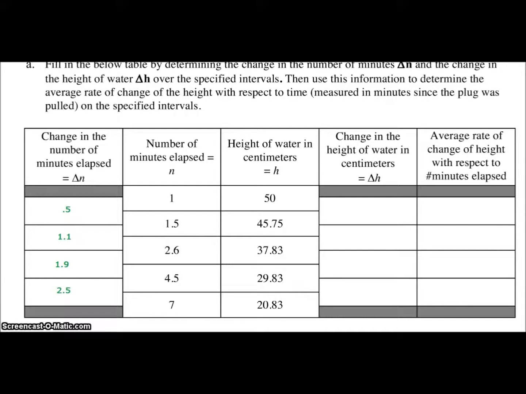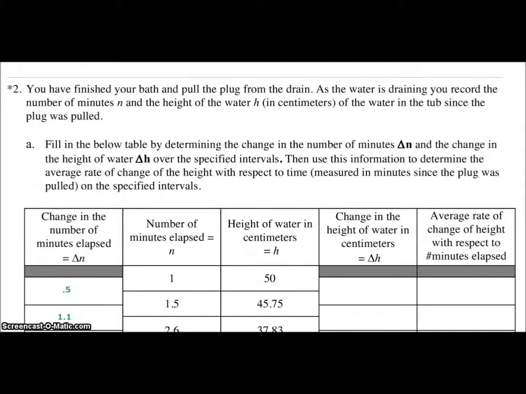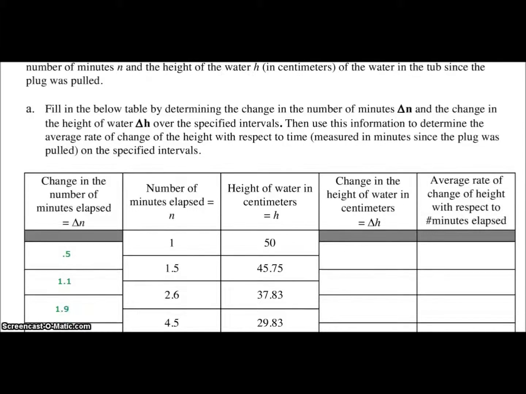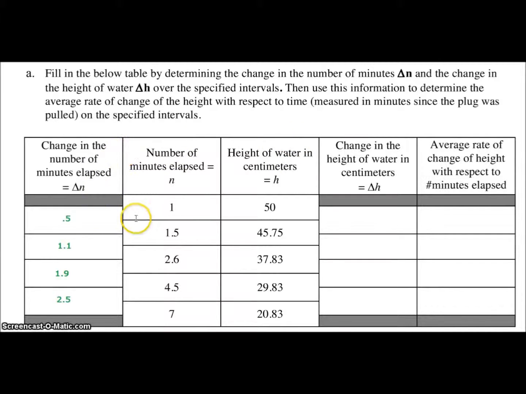And it might be helpful to remember what I'm thinking about. You finished your bath and you pull the plug from the drain, so the water is draining out of the tub. So there are some changes in time, and then our height, of course, is decreasing, and we can find the change, final minus initial. 45.75 minus 50 is negative 4.25, so there's a decrease.